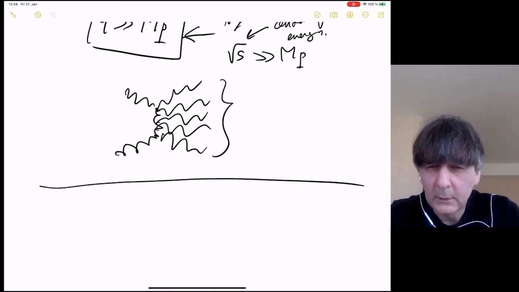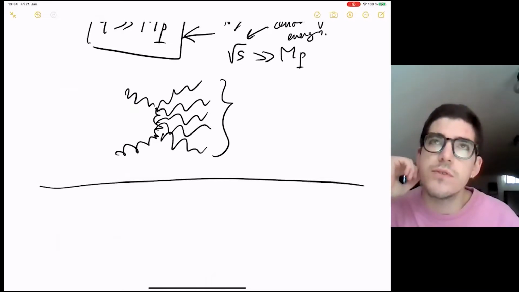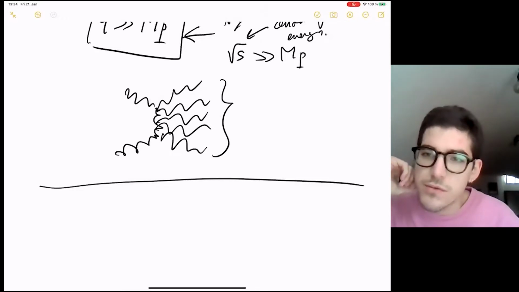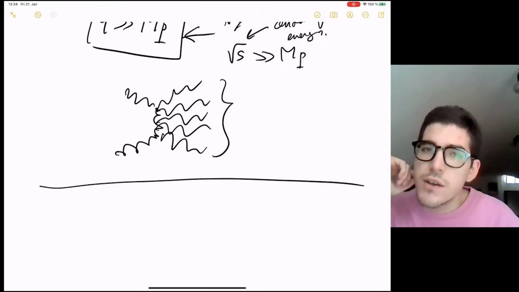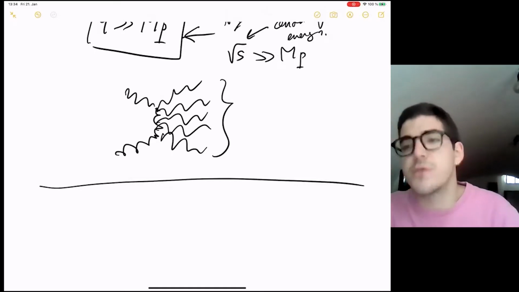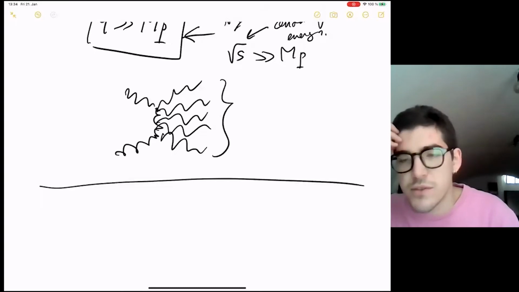Yeah, there's a hand, Alvaro. Yes, hi. So if you want to understand the contributions of gravity to matter, let's say to the running couplings and so on, what you're telling is that computing the first order contributions of gravitons to the n-point functions of the matter fields is not sufficient.